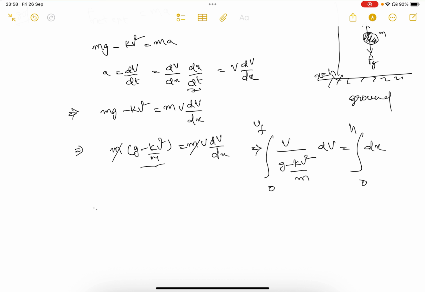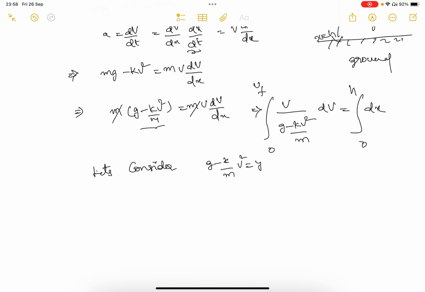So let's consider some substitutions here. Let's consider g minus k by m v square equal to y. Then this will be minus k by m, 2v into dv is dy, then v dv is minus m by 2k dy.